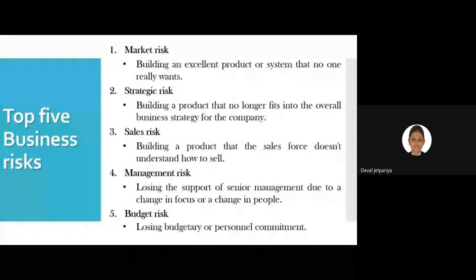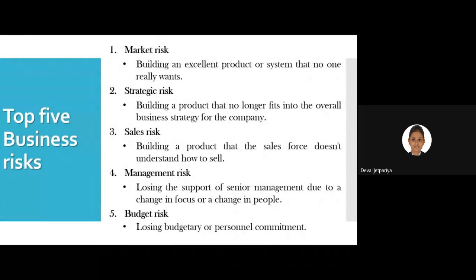So third risk, sales risk. Building a product that the sales force doesn't understand how to sell. That is again one of the risks, that you have a well-organized production committee. The marketing committee is also well organized and well trained. But what if you do not have a sales committee good enough to sell your product?